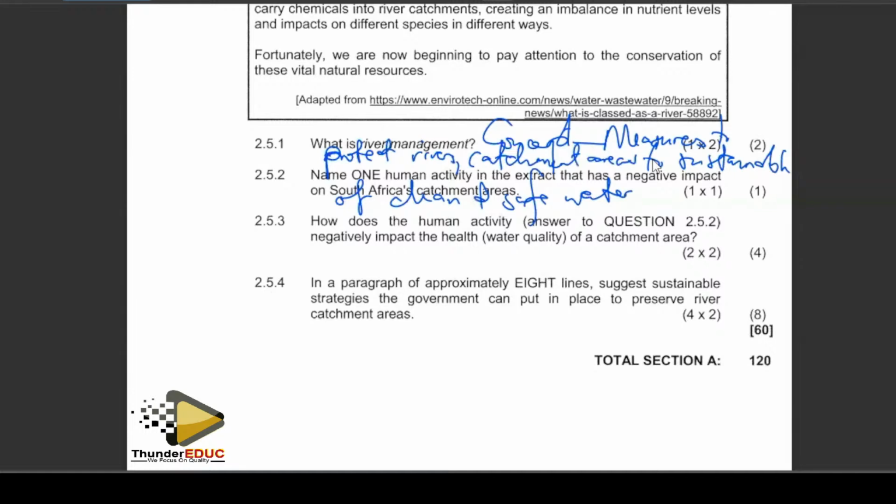They are safe from pollution. They are safe from toxic elements. They are safe from siltation. They are safe from any harmful element that might disrupt them having capacity to supply sufficient clean and safe water. Right. So it's a concept. You define it according to your own understanding.